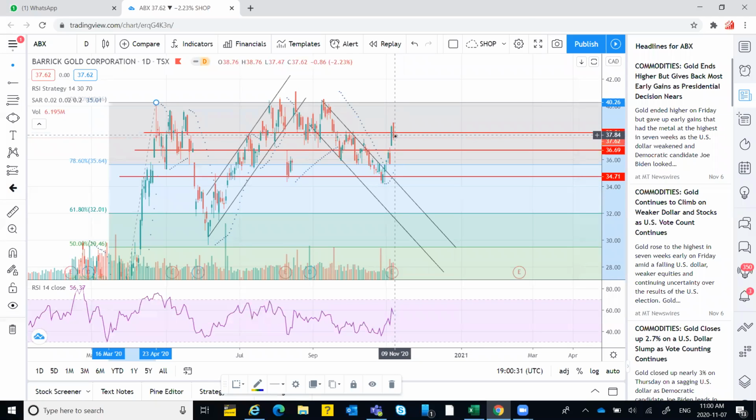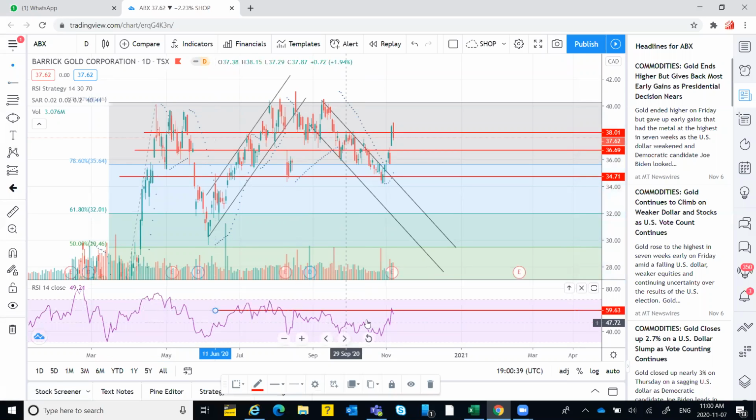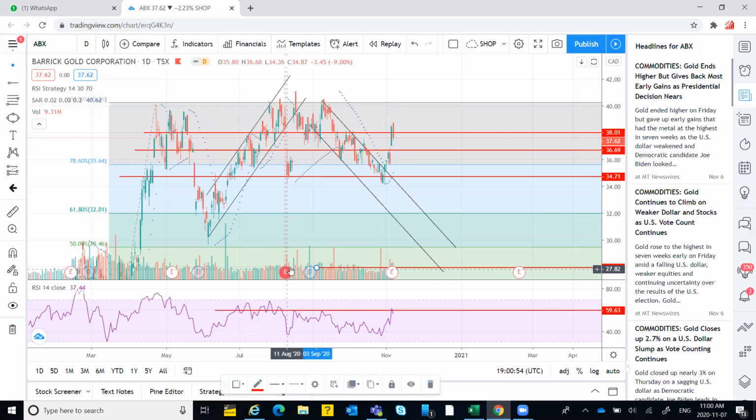So from here onwards, it still has a positive tendency and room to go further up, because RSI is currently on the downside, but on Monday, if the market is positive, then this stock can also go up, because for the last 2-3 days the volumes are high. So these are the average volumes.